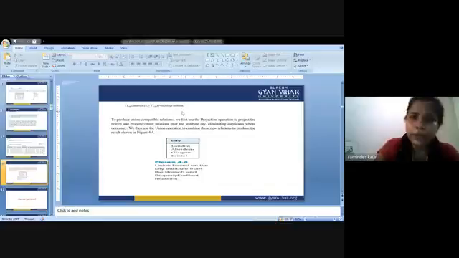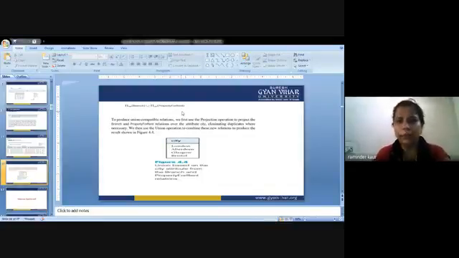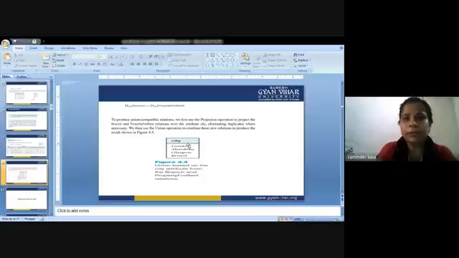To produce union compatible relations, we first use the projection operation to project the branch and property for rent relations over the attribute city, eliminating the duplicates where necessary. We then use the union operation to combine these new relations to produce the result as shown. So the cities will be London, Glasgow and Bristol.